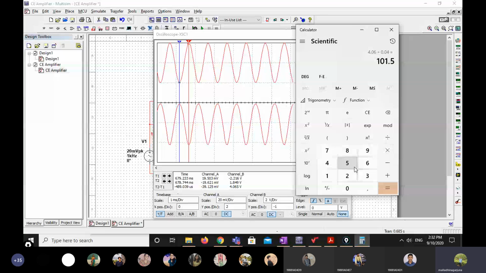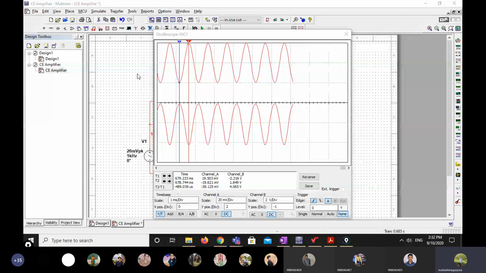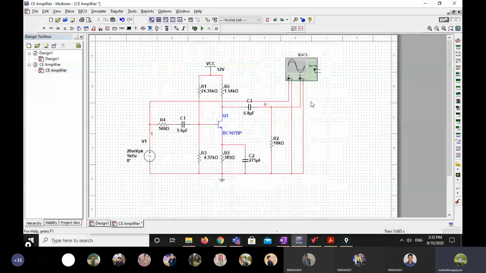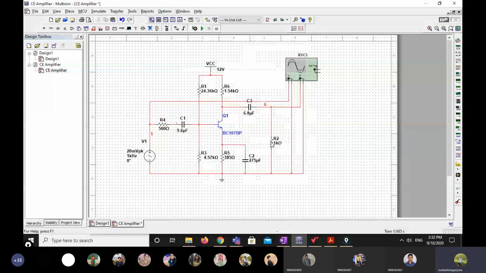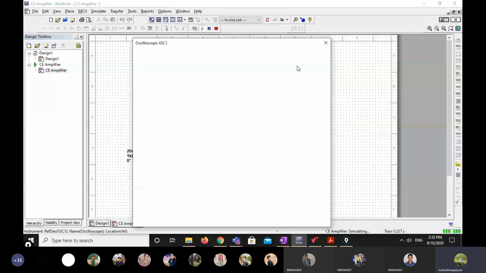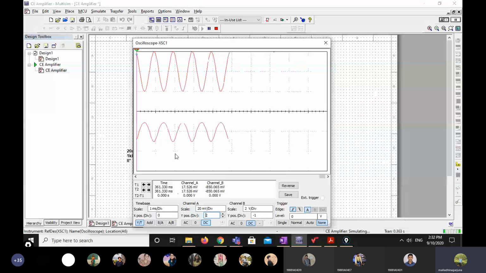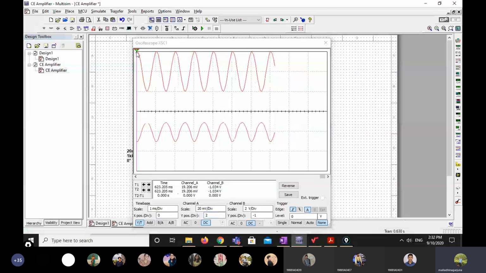So it completely depends on the load. Here I'm taking only 1k, for example. See the output waveform, how much its strength has decreased. This is the positive peak and this is the negative peak, and this output voltage is 1.878 volts only.